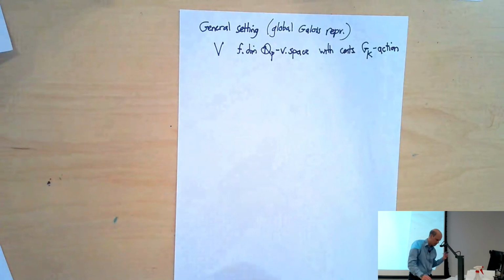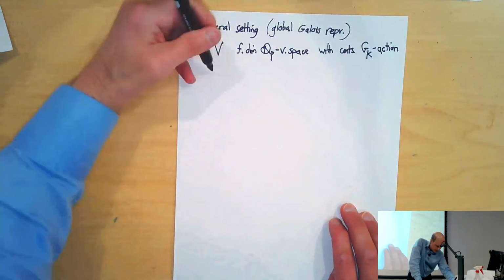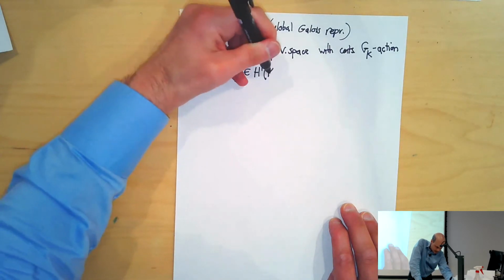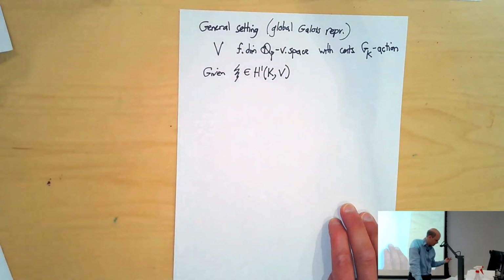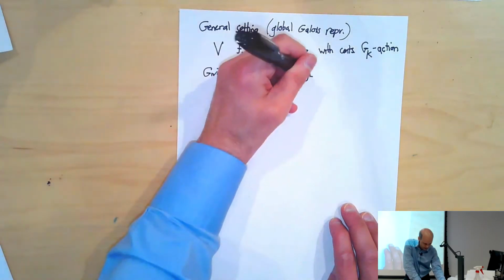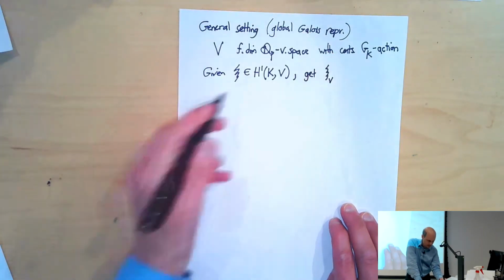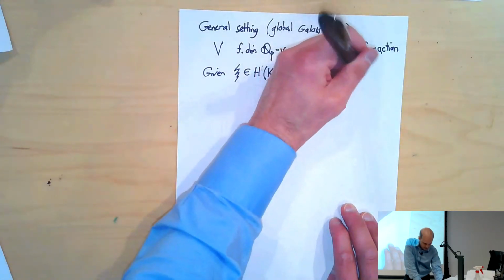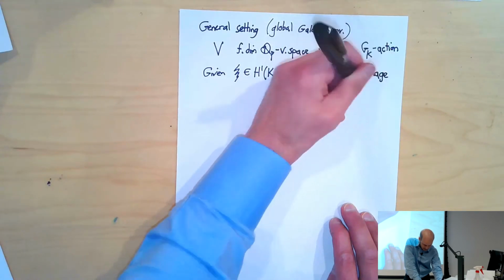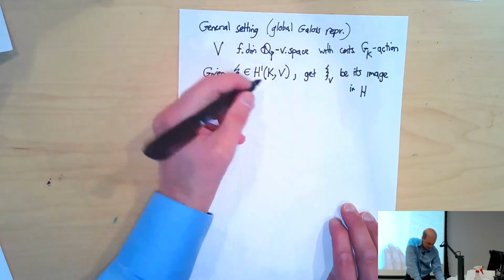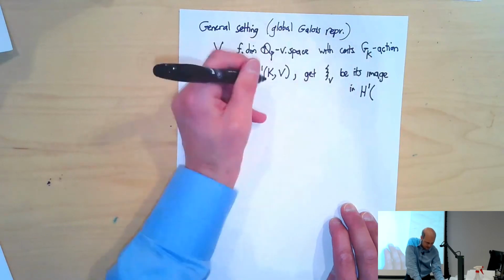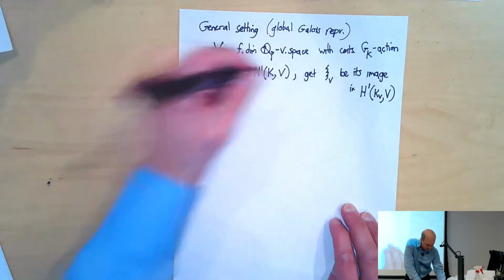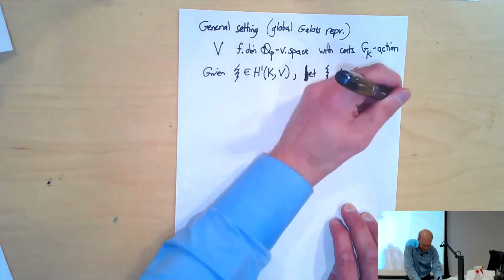And as a matter of notation, if I have a global cohomology class in H^1(K, V), I can get a local cohomology class just by doing a restriction map in Galois cohomology. So I can let this be its image when you restrict to a decomposition group inside the Galois group of K. So then you get a class in here.